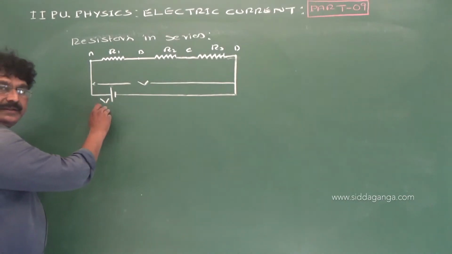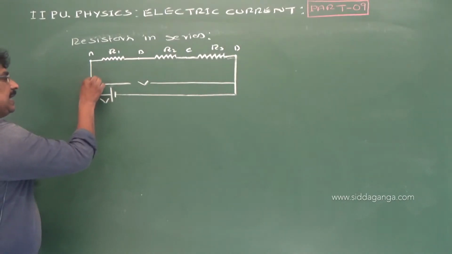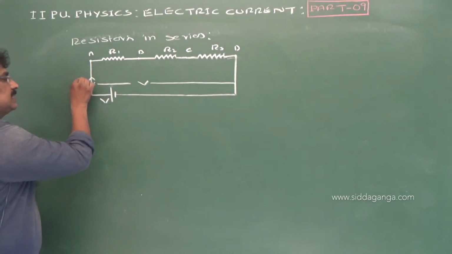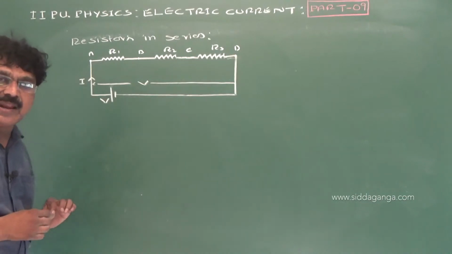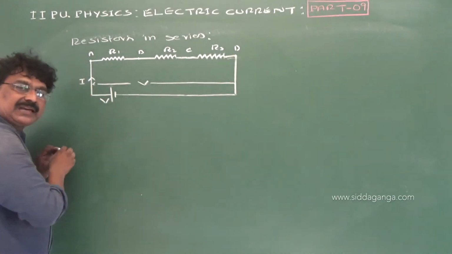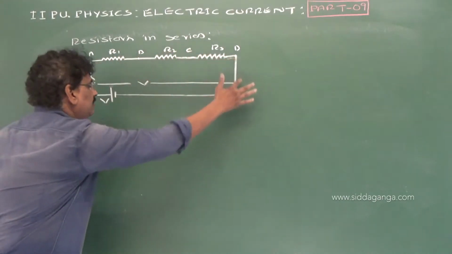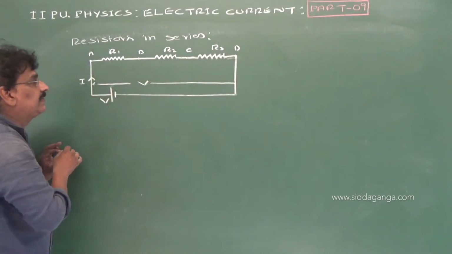Now, when the circuit is closed, a current I is drawn from the cell or battery connected. You see the path of current. It flows from positive terminal to negative terminal.